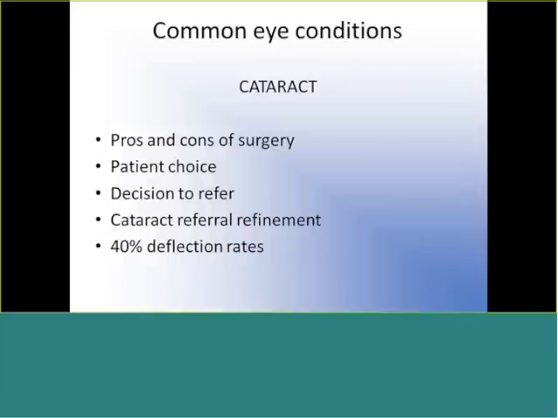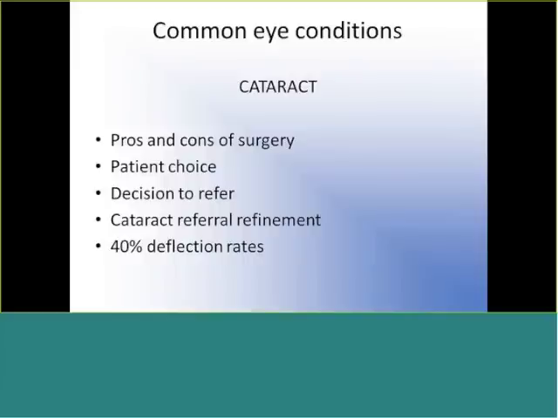But even now, despite a number of patients being deflected by optometrists, I regularly have patients in my clinic who come and say, I went to my optician, I was told that I had a cataract, and here I am. And the first question I ask them is, how is your vision affecting your quality of life?